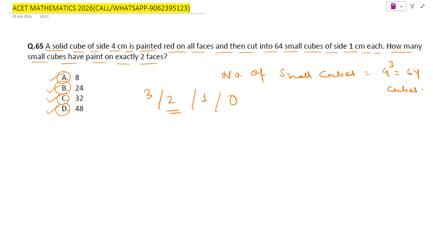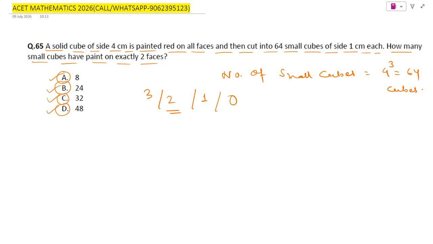They lie along the edges but excluding the corner cubes. Why? Because an edge is formed by the intersection of two faces and hence every cube on the edge touches exactly two painted faces. However, the corner cubes touch three faces, not two. So we must remove the corner cubes.